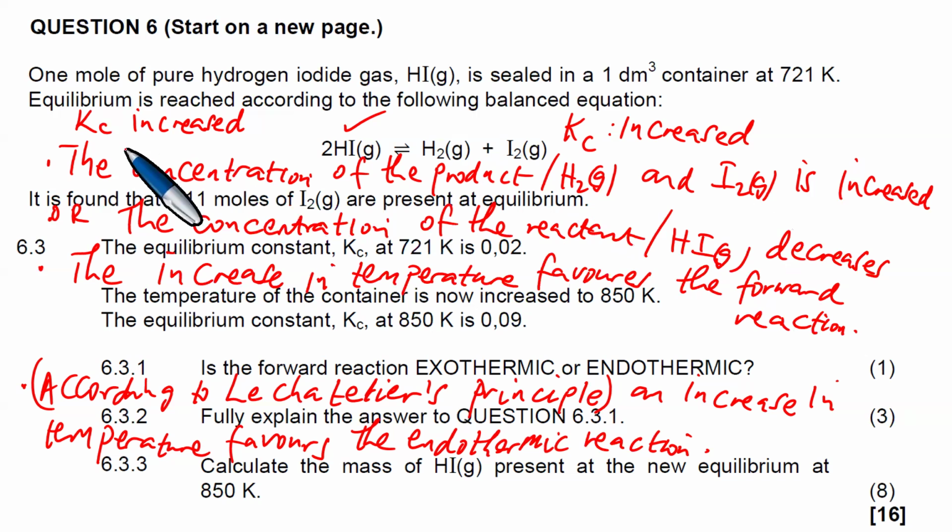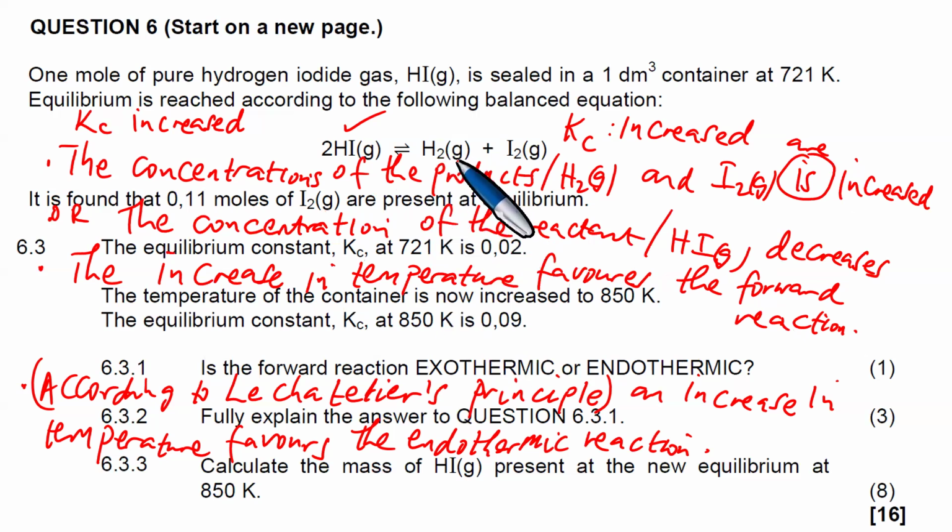So you can use the fact that the concentrations of the products are increased, or the concentration of the reactant hydrogen iodide decreases. The increase in temperature favors the forward reaction. Yeah, we saw that when the temperature increases, it favors the forward reaction.